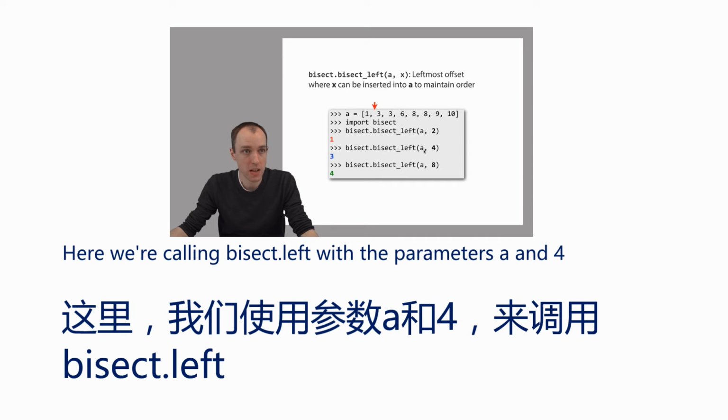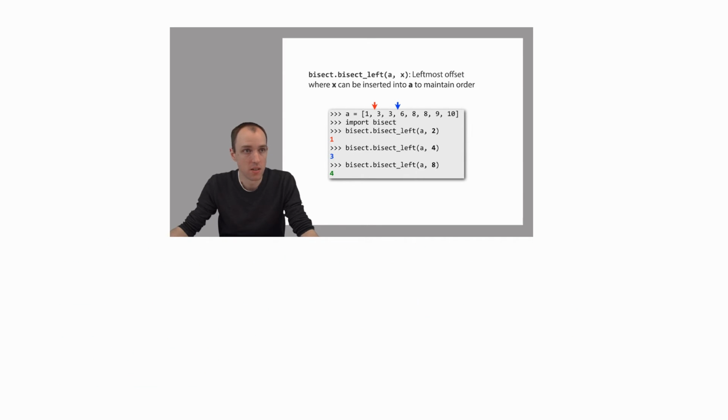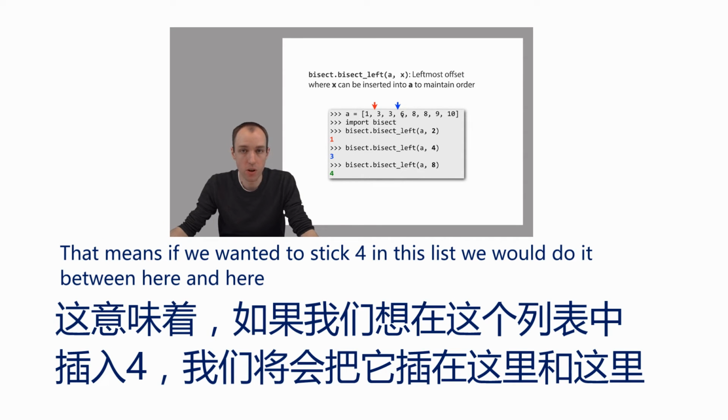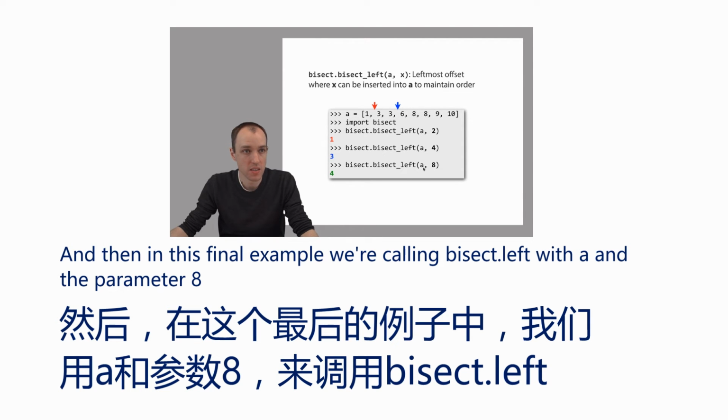Here we're calling bisect_left with the parameters A and 4. Bisect_left in this case returns the offset 3. That means if we wanted to stick 4 in this list, we would do it between here and here. So we'd do it between the 3 and the 6. And then in this final example, we're calling bisect_left with A and the parameter 8.